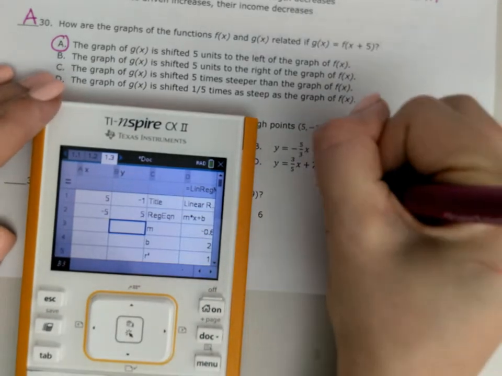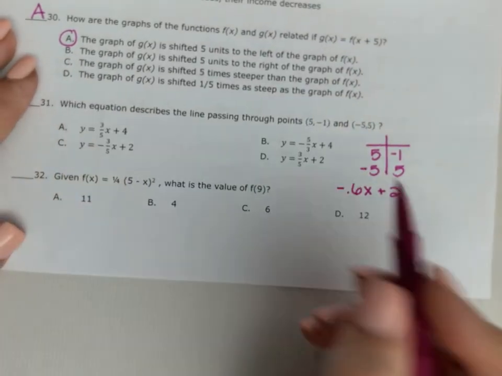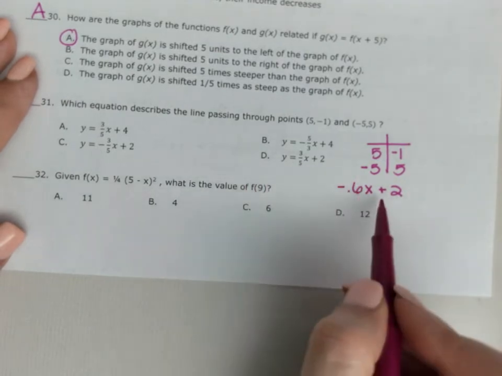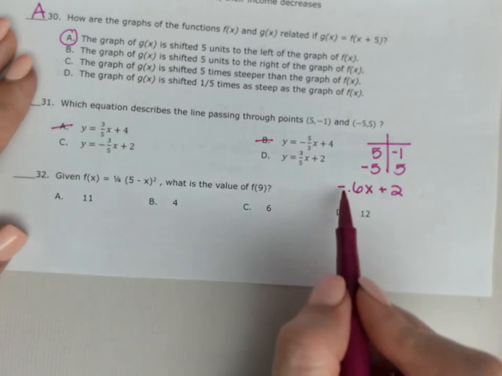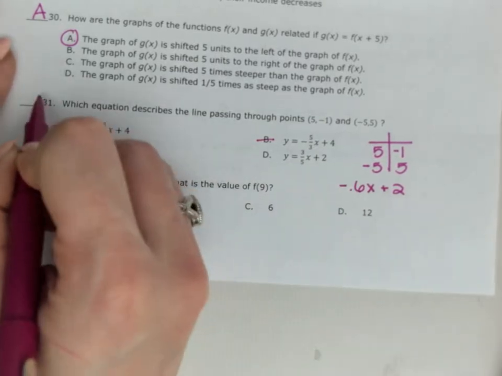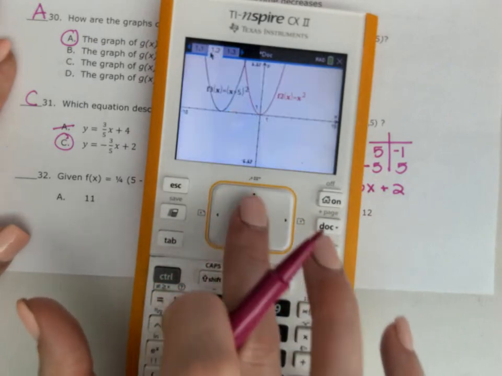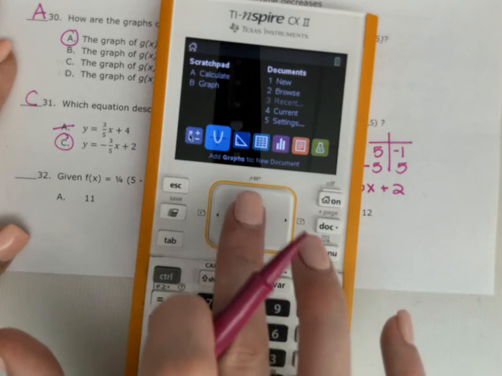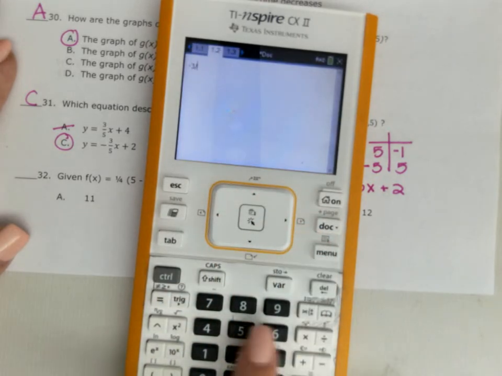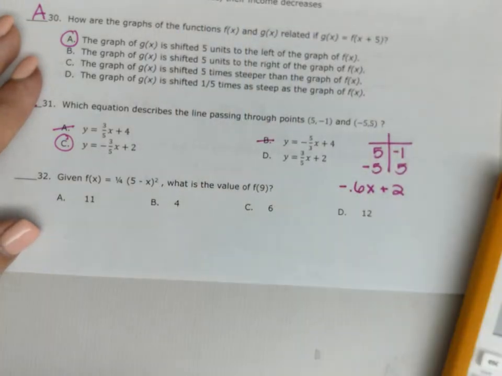So it's negative 0.6x plus 2. So I can see that my y-intercept needs to be plus 2, so it's not B or A. And it's a negative slope, so it's got to be C. Just to check, negative 3 divided by 5, control enter. Yes, that is negative 0.6.